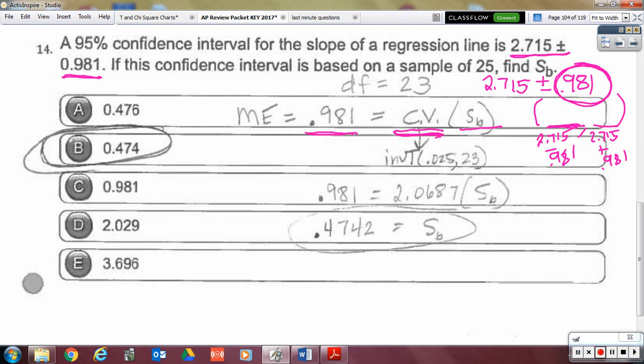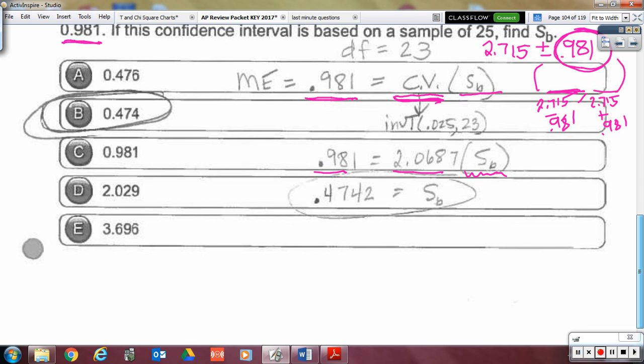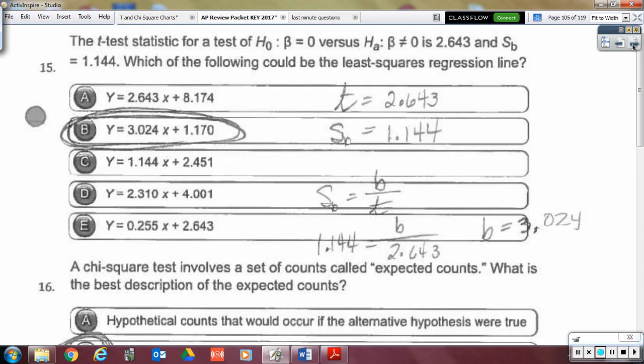And so if you have both of these numbers, then you can solve for S of B. Okay, and that ends up being 0.474. All right. Next, number 15.